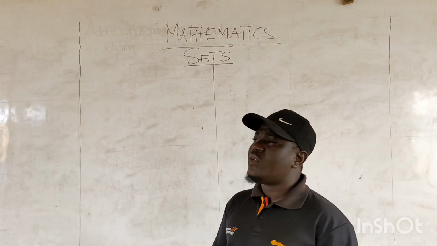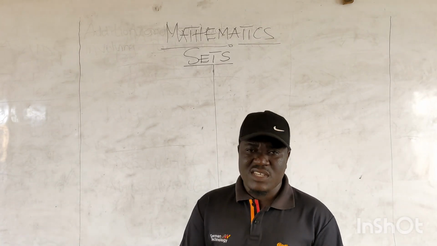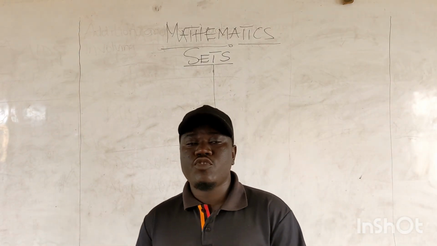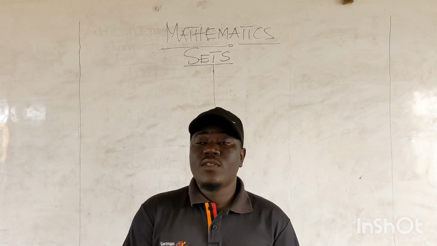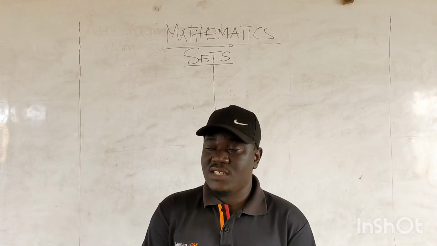Now in JHS, we looked at the 2-set problem. We are going to touch a little bit on that, and then we zoom straight to the 3-set problem, which is the addition to the things we learned in JHS.